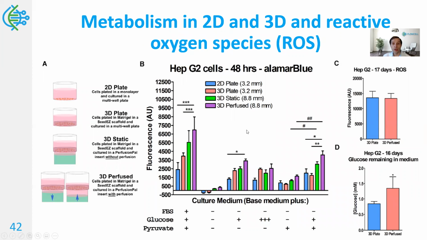So this is very important in the study of cancer, but also impacts metabolism, of course. Importantly, the production of reactive oxygen species is not affected. So this is a favorable platform for oxygenation.